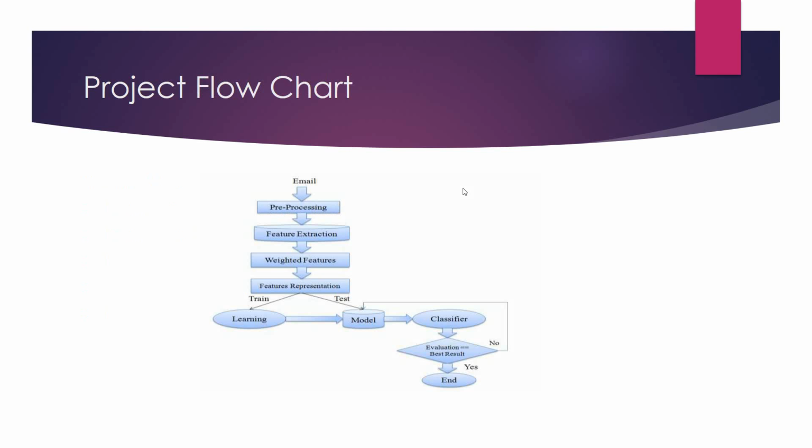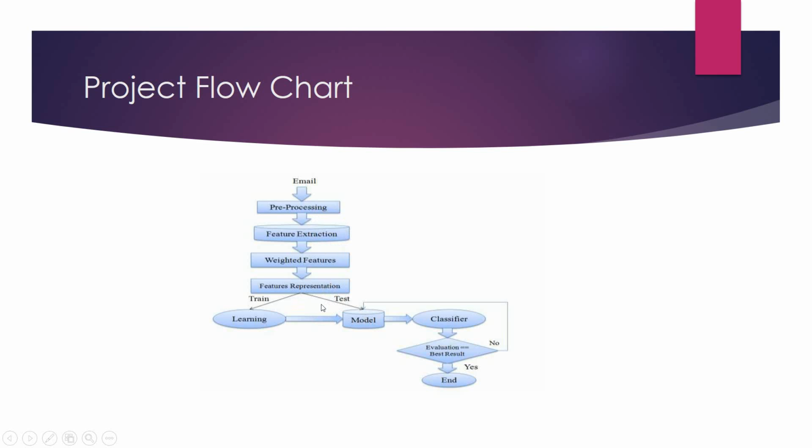If we look at the flow chart of this project, we can understand the control flow. First the email data is pre-processed, and then the features are extracted from the pre-processed email data, and then the features are fed into the model.